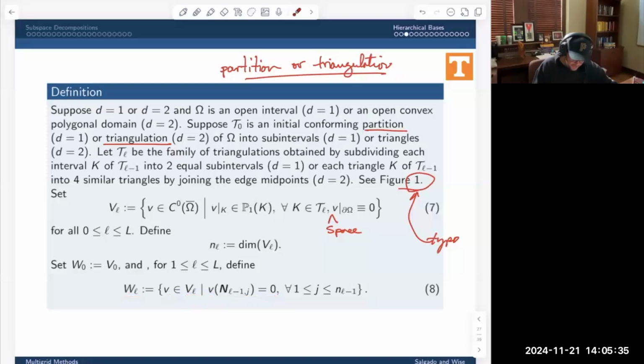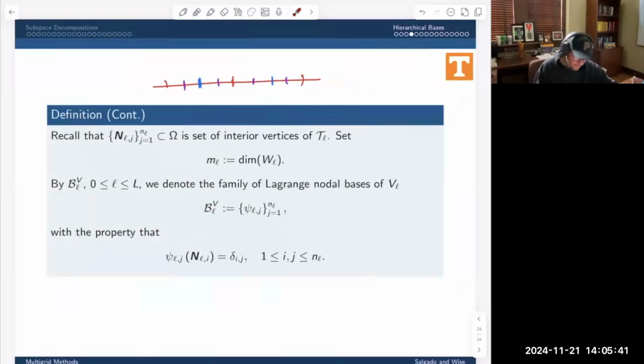So this means that WL has a dimension which is strictly smaller than VL. We're going to set ML to be the dimension of WL, and we're going to figure out what that value is momentarily. But we know that it has to be less than NL, right?